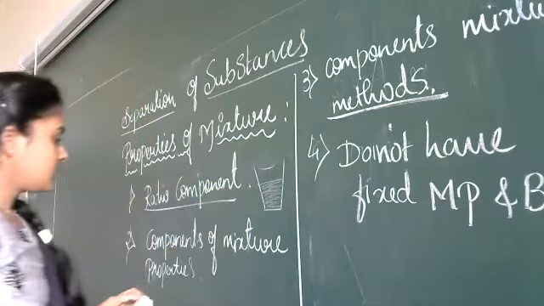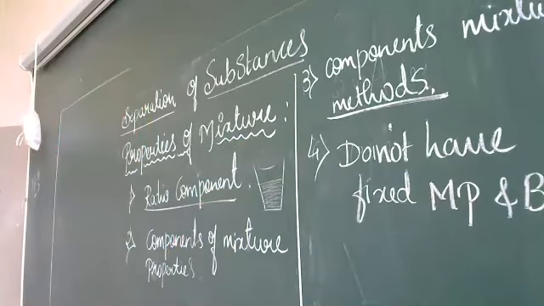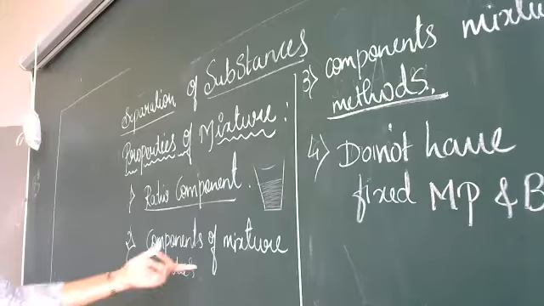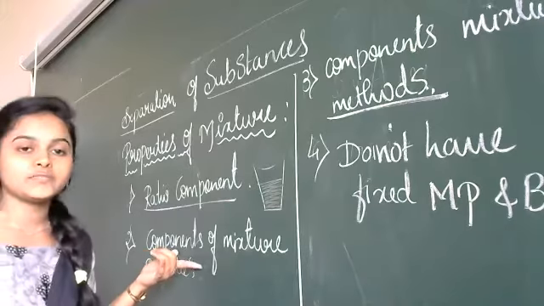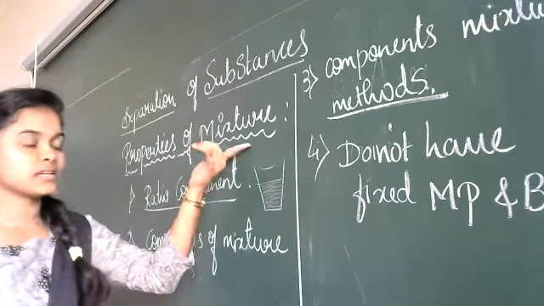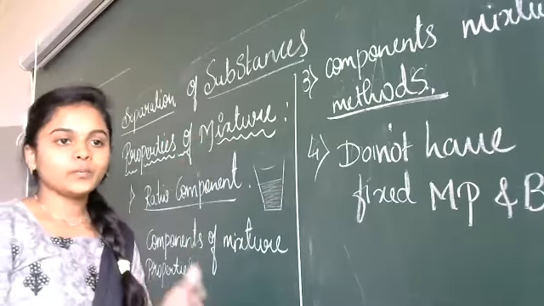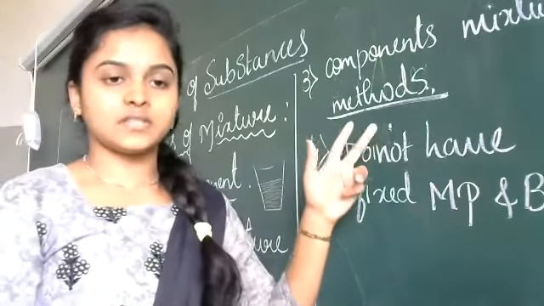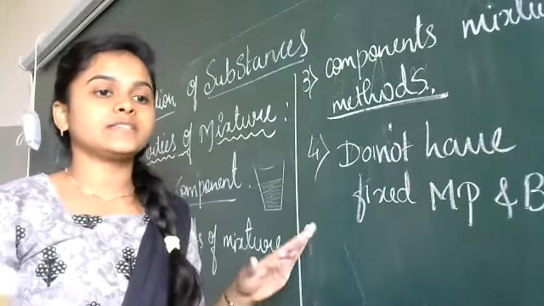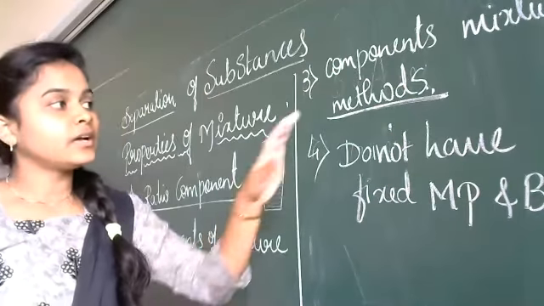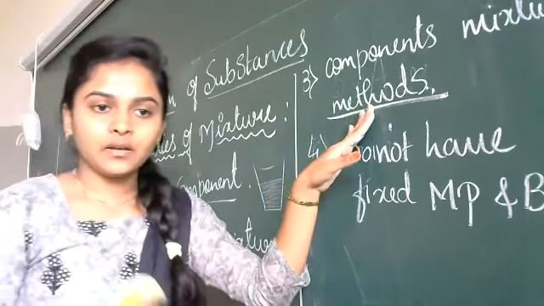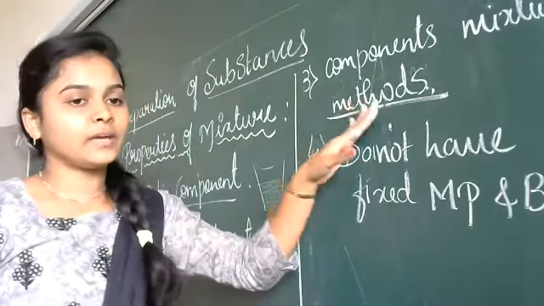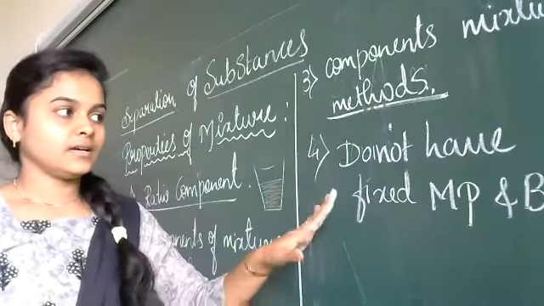And the second property is that they keep their own properties. The components which are present inside that mixture have their own properties. The third one is that components of a mixture can be easily separated with the help of some separating methods, and one of them I have explained before this.